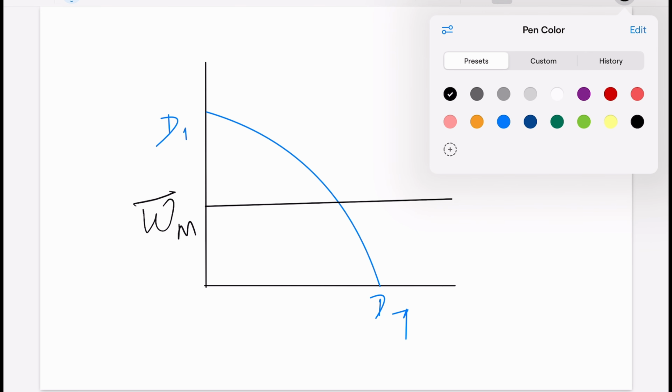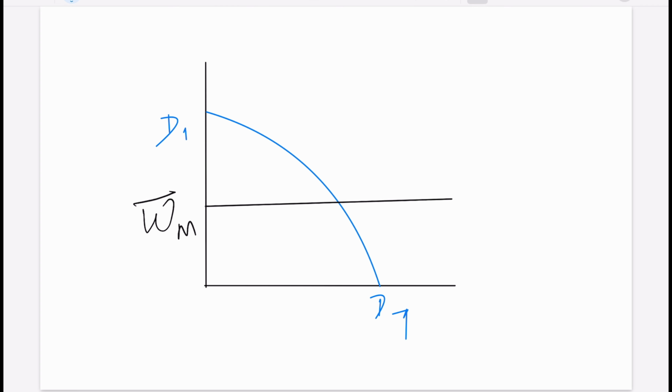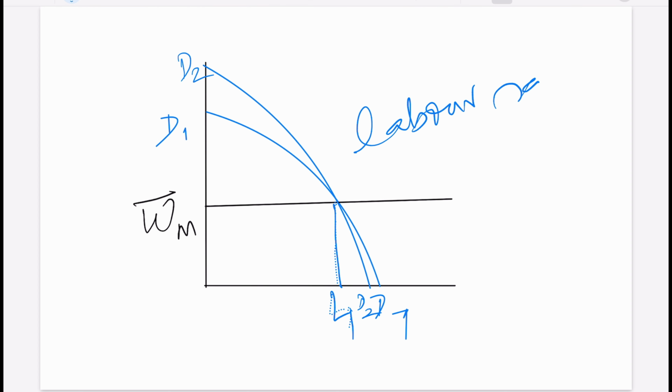At this we have L1 amount of workers involved. Now, rather than investing in a technique that is labor neutral, I invest in a technique that saves labor. So this is D2, D2, and still I am hiring only L1 amount of workers. So if labor saving technology is used, technical progress actually cancels out the Lewis model.